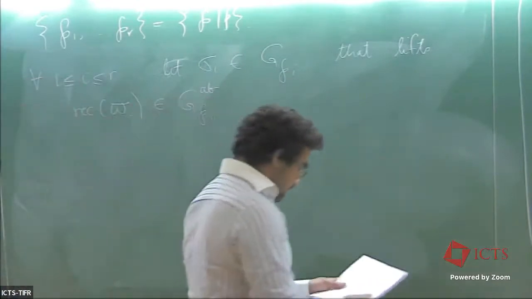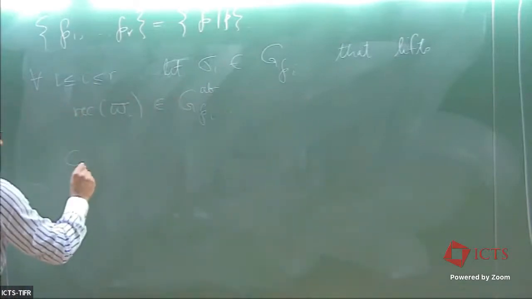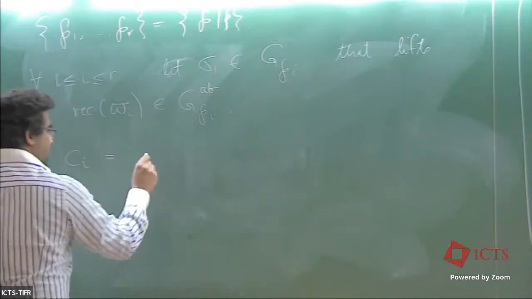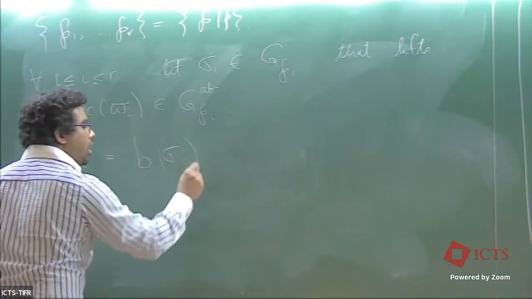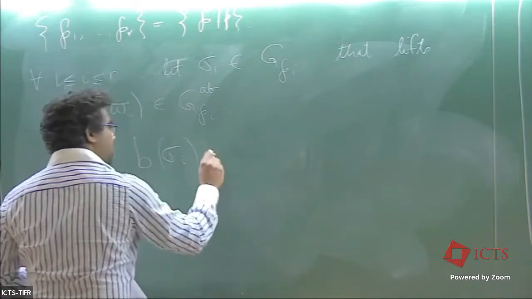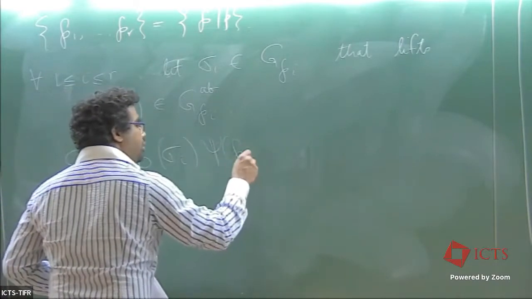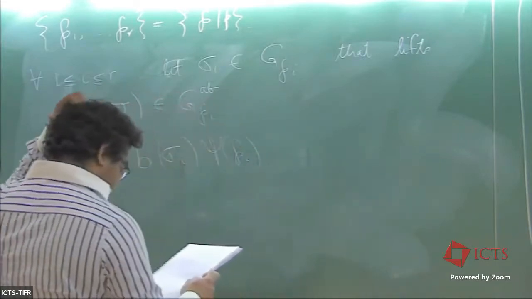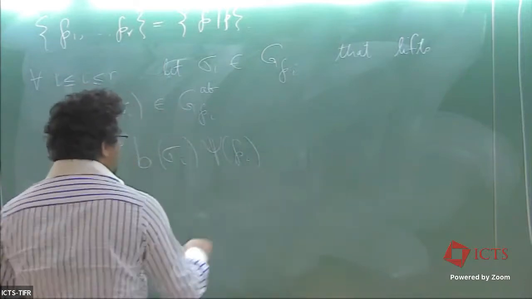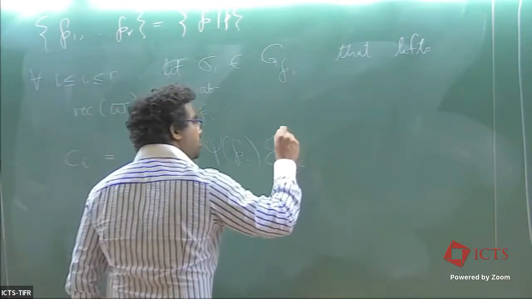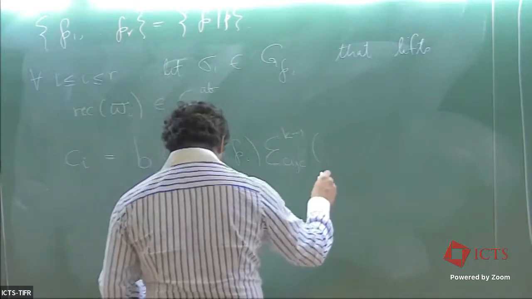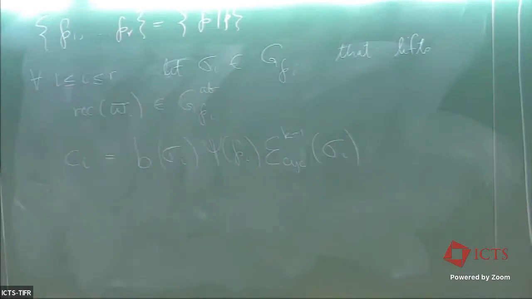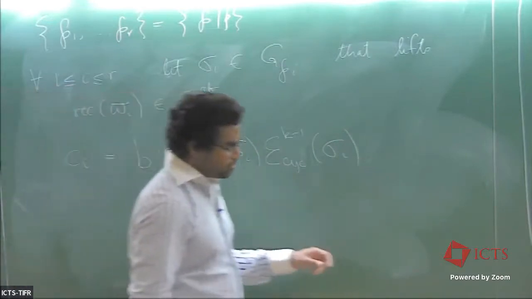Now, again, c_i, this small c_i, is b(sigma_i) times psi(pi) epsilon cyclotomic to the k minus 1 of sigma_i.